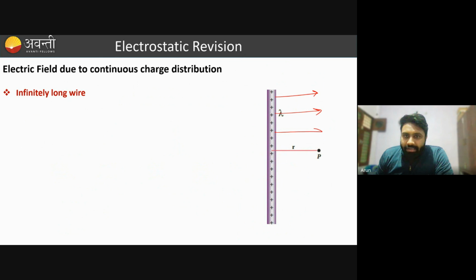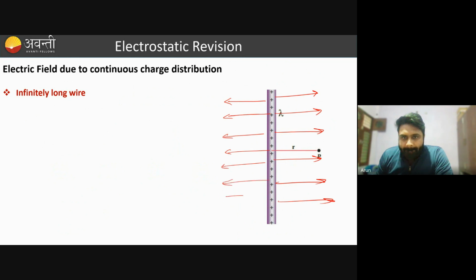It will be perpendicular to the line charge like this, and it will be in both directions. Got it? Now, this is the infinitely long wire. So we will consider a Gaussian surface for it and try to calculate the electric field intensity.